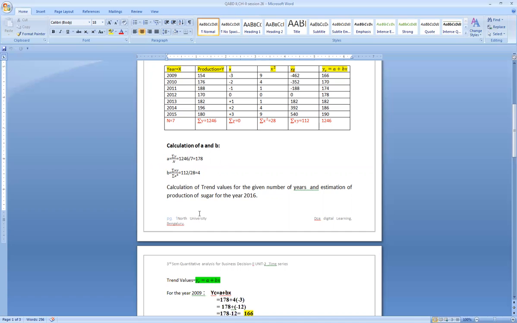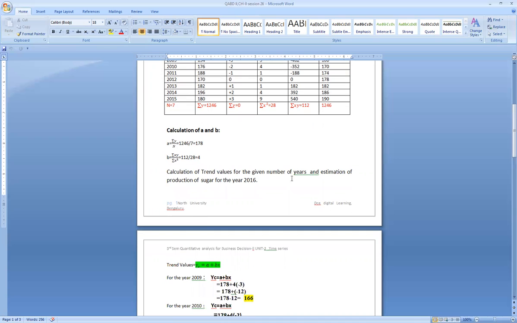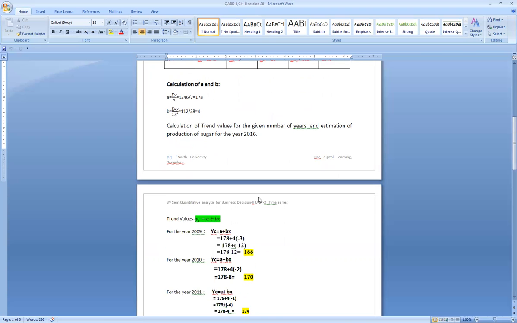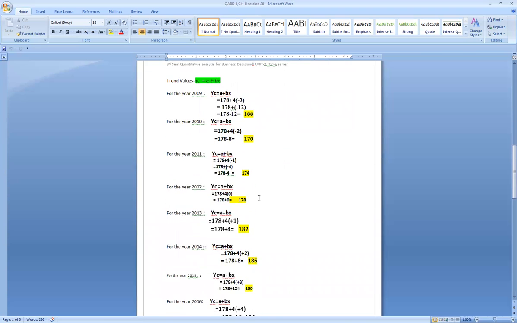Now, let us calculate the trend values for the given years and also the estimated figure for the year 2016. Let us calculate one by one. This is the equation we use for all the years' trend values: trend value equals a plus bx.